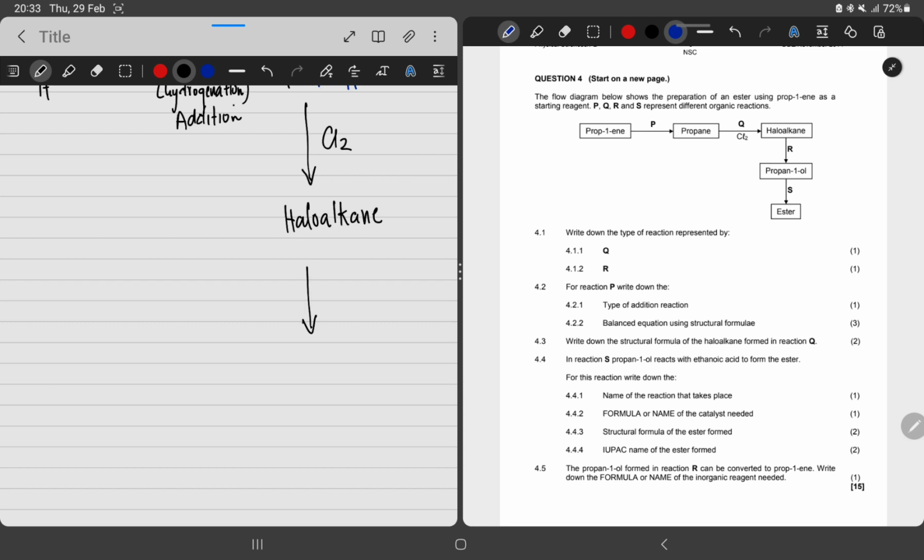And then from the haloalkane, we are forming an alcohol. And then the structural formula is of prop-1-ol. It is going to be an alcohol with 3 carbon atoms, and then 1-ol means that the OH group is attached to the terminal carbon.